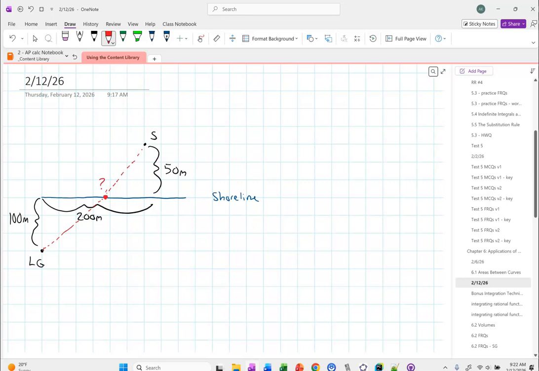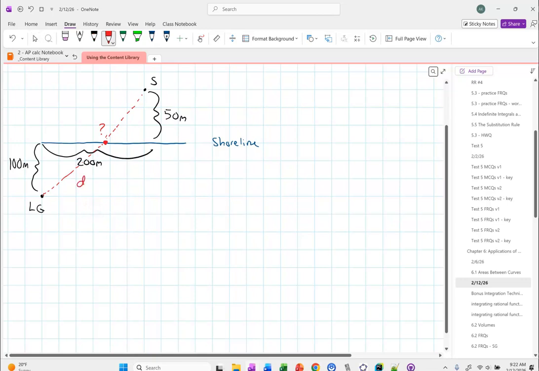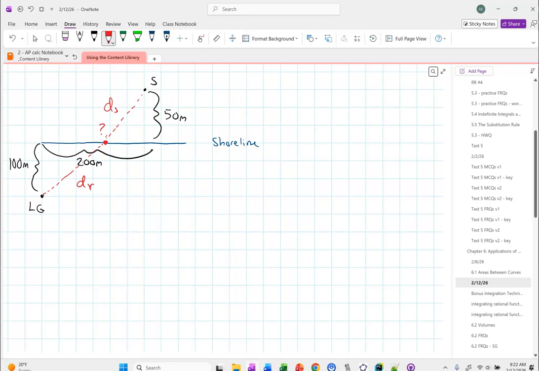Okay, so I'm going to create an expression for my distances. So I'm going to have some running distance and some swimming distance, right? So I'm going to say that this is x. So this other piece over here must be 200 minus x, right?